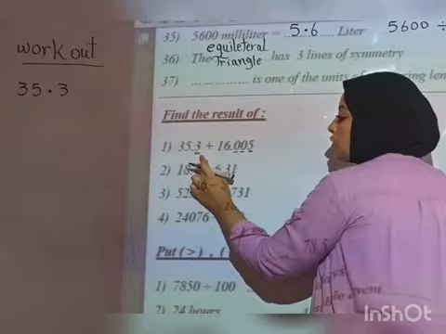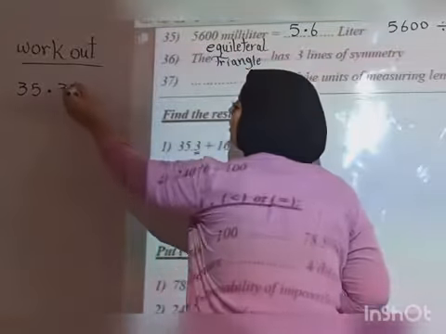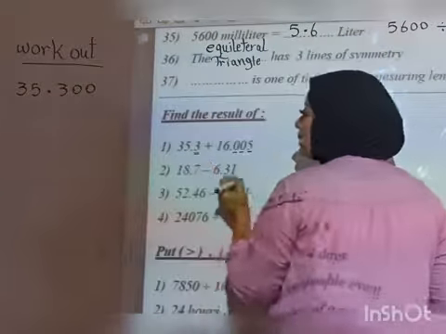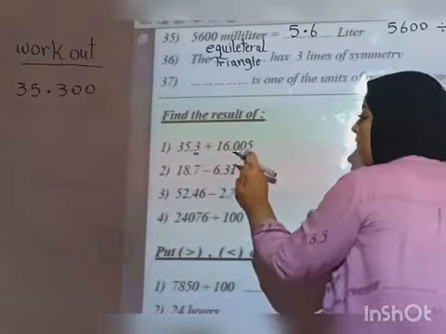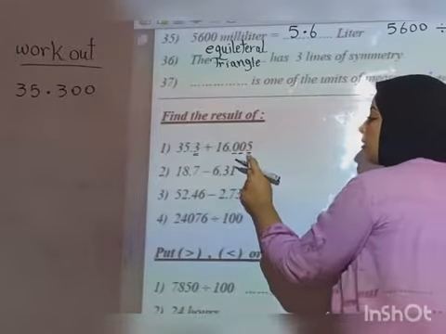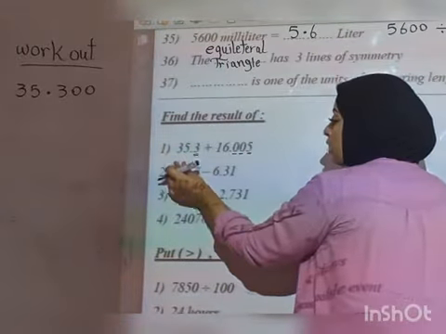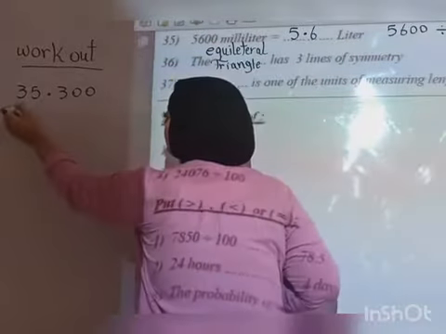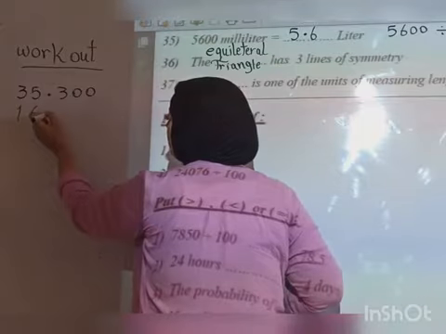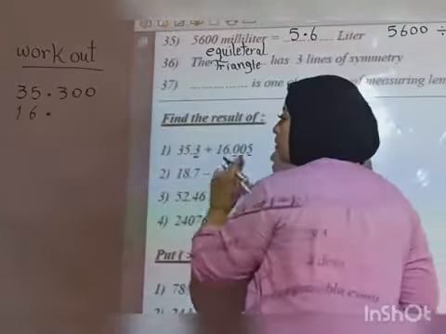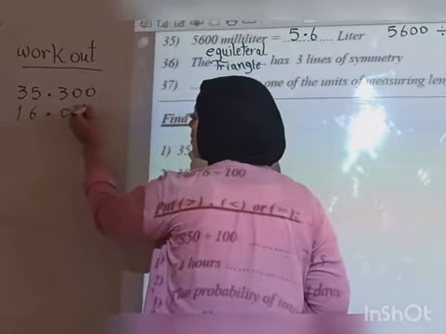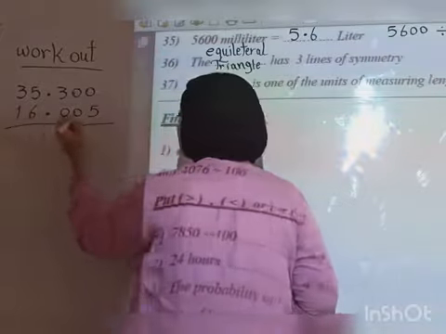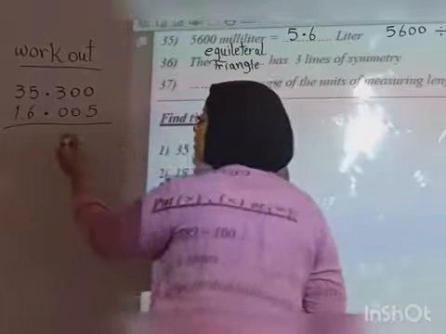So we will put 2 zeros beside 3 to make it 3 decimal places. And write the second number here. 35, 2 digits in the whole part and 2 digits in the whole part in the other number. So we put 16.005. The sign is plus.